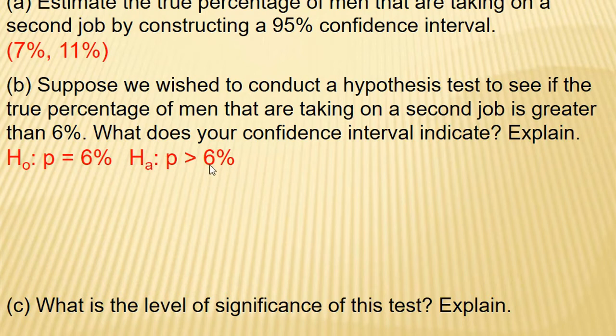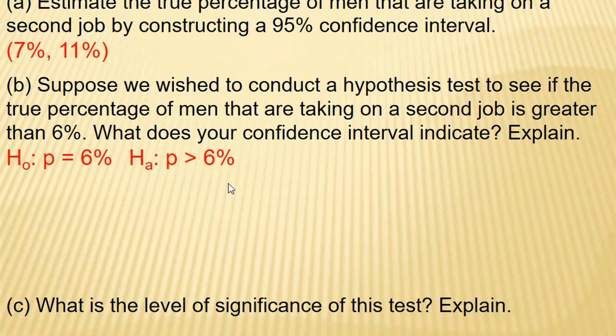The alternative hypothesis is what you suspect to be true, or what you're trying to prove. So the question wants to know, is there evidence that the true proportion of men who are taking a second job is greater than 6%? So that's how I always start with the HA. So I'm going to put HA: P is greater than 6%. The null should just be the equal sign. Okay, so there's my hypothesis.